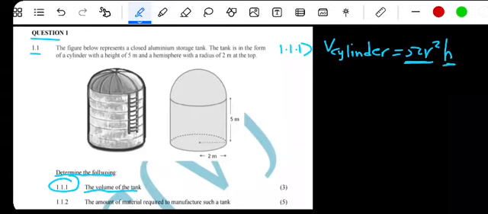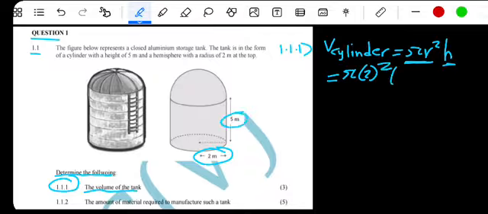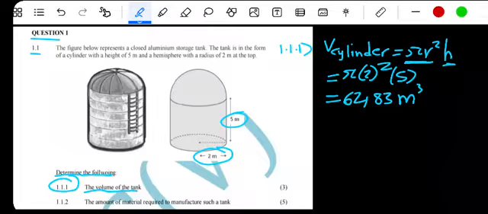So let's check what we'll have. Our volume of the cylinder is pi times the radius, which is 2, squared, multiplied by the height, which is 5. We'll have 62.83. It is measured in cubic meters, because the volume of a cylinder is simply area multiplied by height.